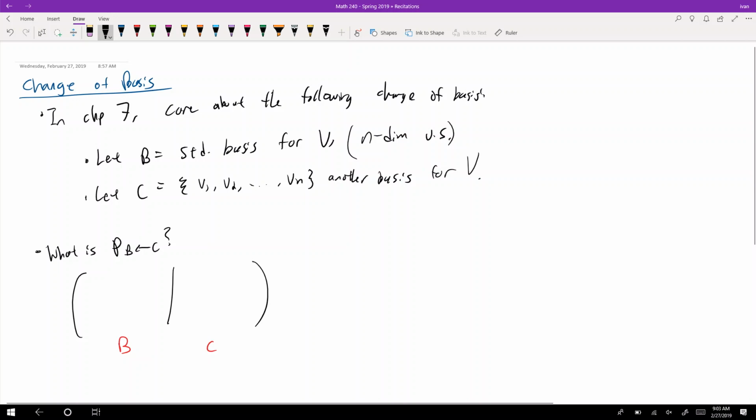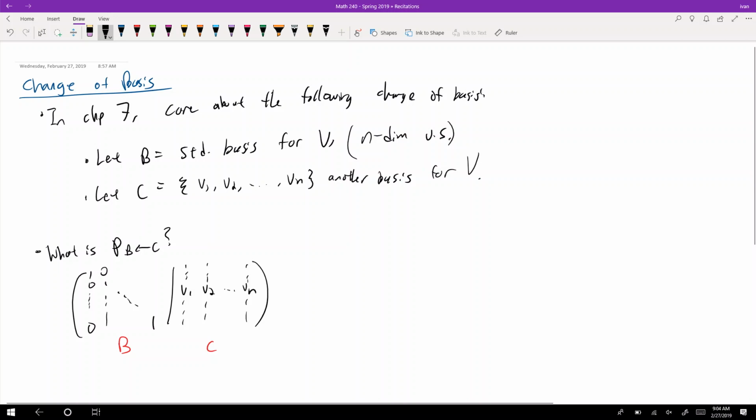But what is B? B is the identity matrix, because your standard basis is always like 1, 0, 0, then 0, 1, 0, then 0, 0, 1. So B is just going to be the identity matrix. And C is just going to be whatever vectors you have, V1, V2, all the way through Vn, put in column form.